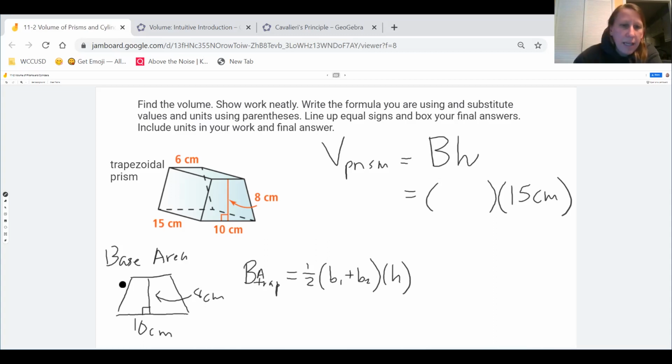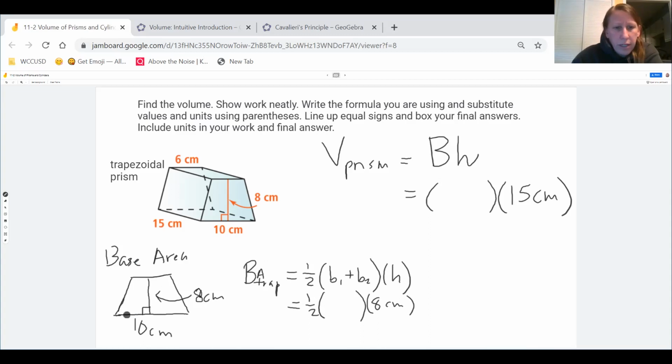And do we know the height of the base? Yeah, the height of the base, we look for the right angle. That's how tall the base is. That's the baby base height. Okay. And what are these B1 and B2? What are those for?